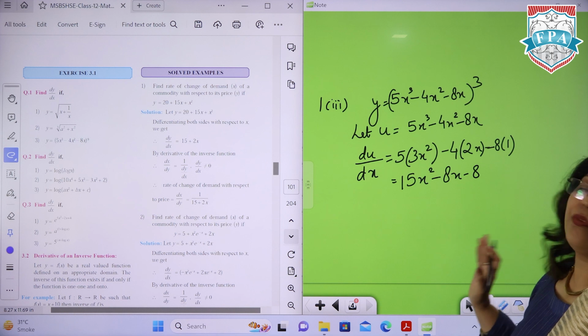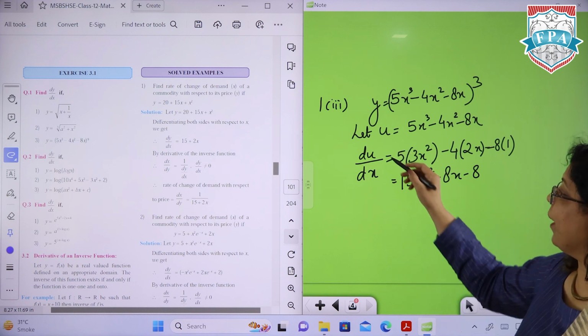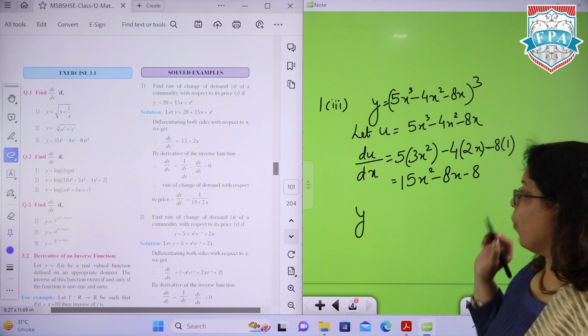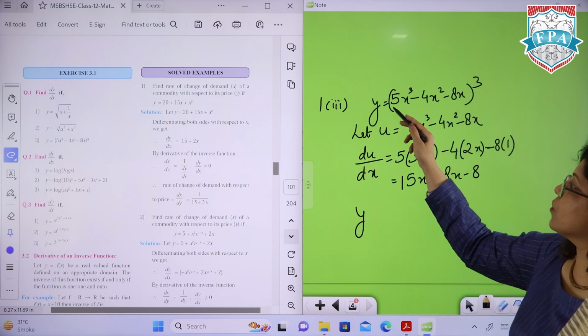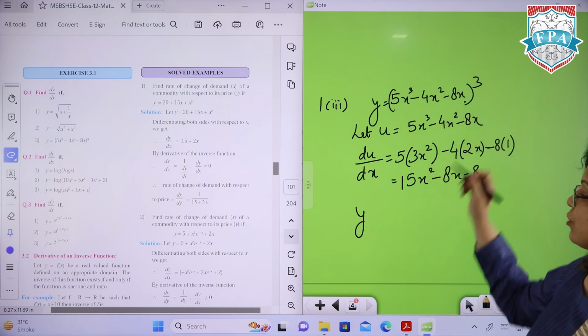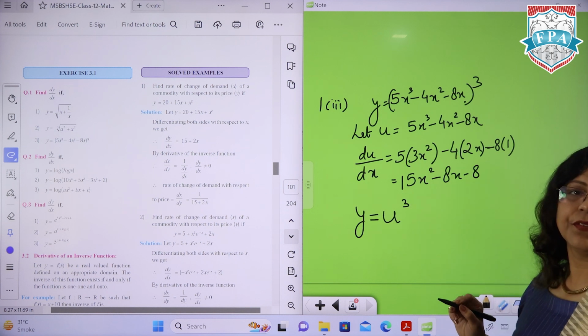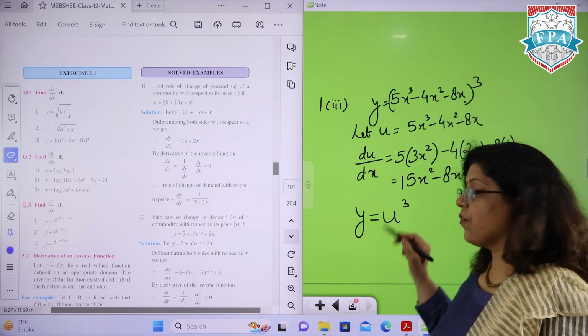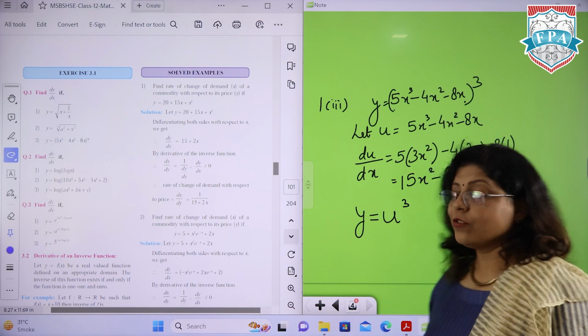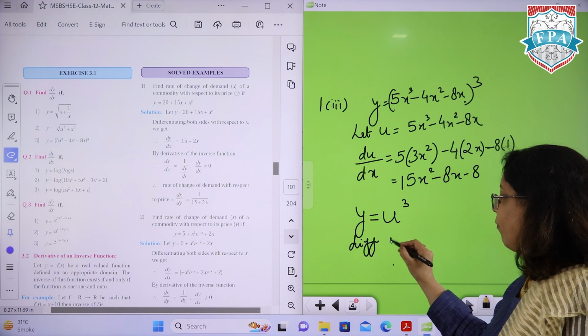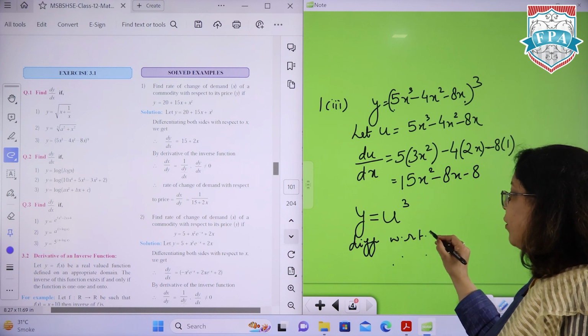But this is not your final answer. This is your du by dx. Keep it here only. Now we are dealing with what is y. Since we have taken this whole thing as u, the question becomes u to the power of 3. Now y is a function of u, so we'll differentiate with respect to u.